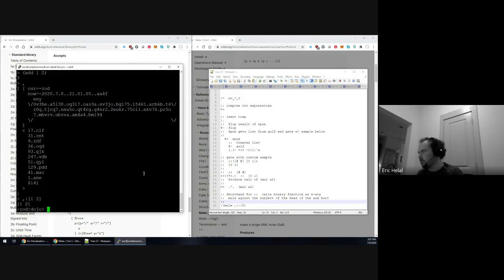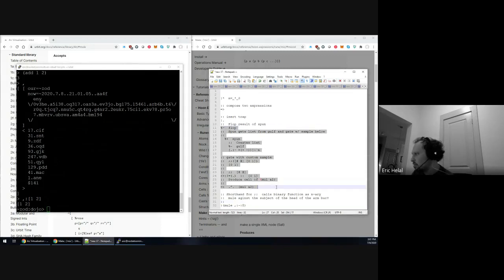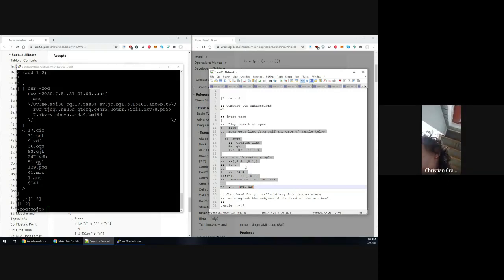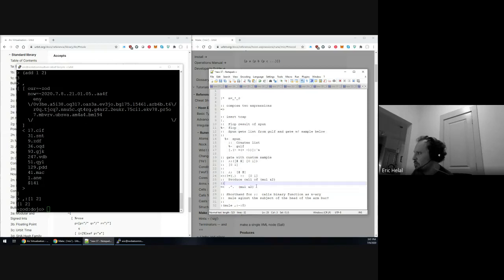So okay, what's our arm buck is this. And we want the tail of it, or the head, sorry. And we think this is going to produce... so it's going to be the head of this cell, right?